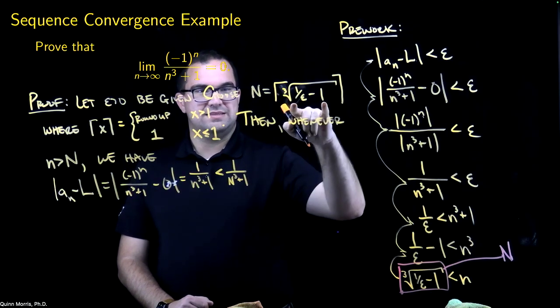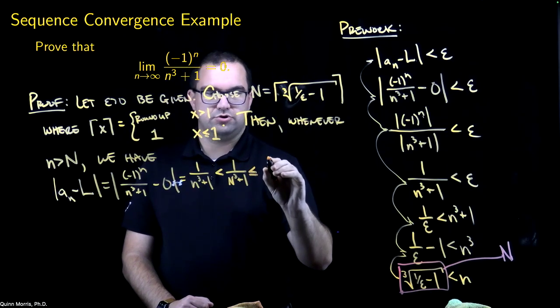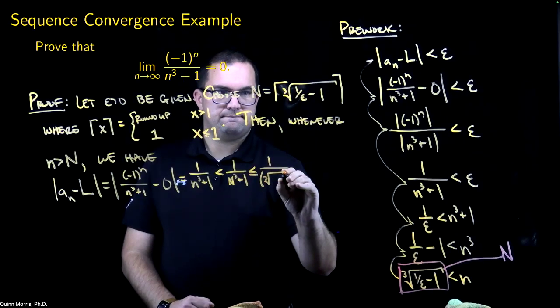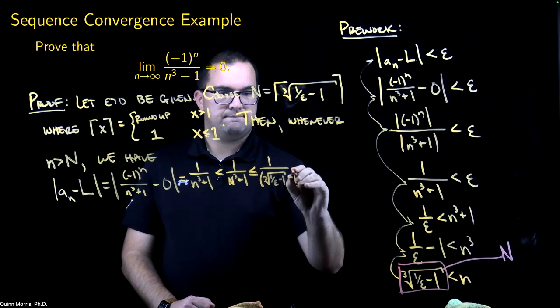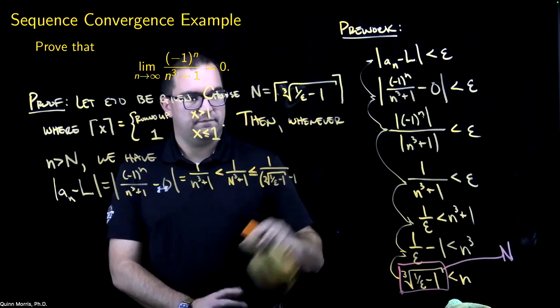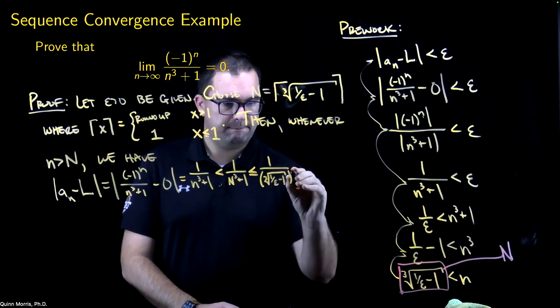So I'm going to put something that's even potentially smaller than capital N in here, which is again going to make this larger. Get my cube in there and the plus 1.